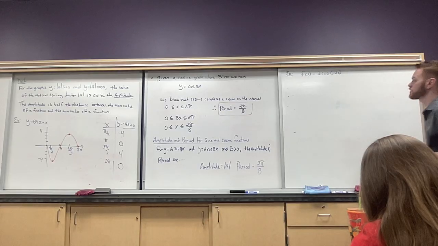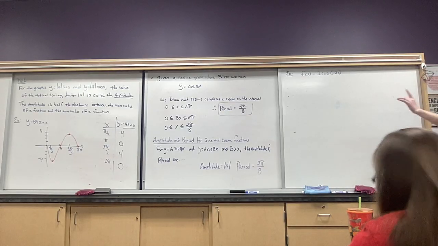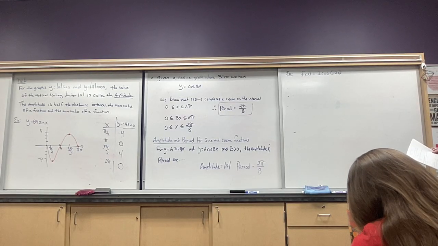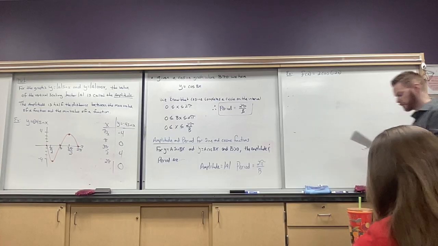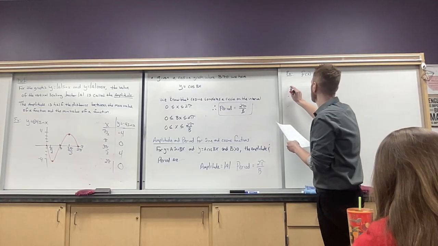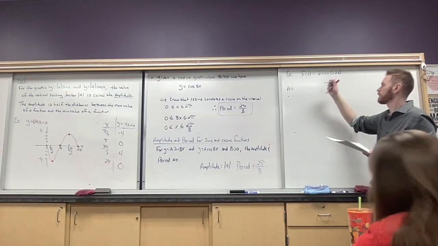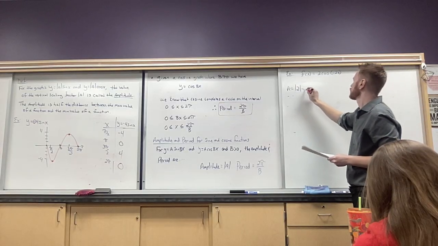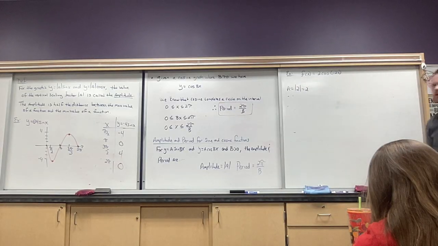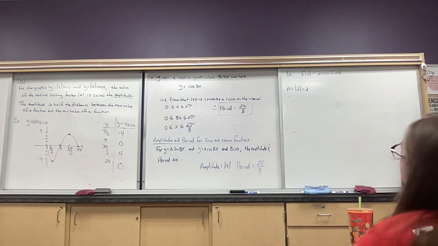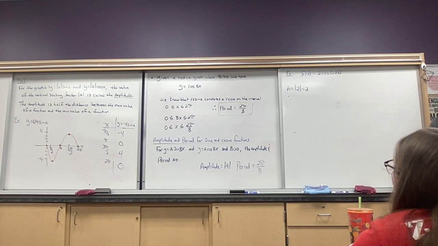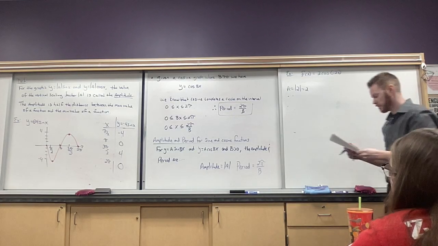We're going to see what happens to the cycles, like what happens to the period of it. First, let's identify the amplitude. The amplitude is the number out in front, so the absolute value of 2, which is 2. That tells me that cosine's graph is going to stretch up to 2 and -2.